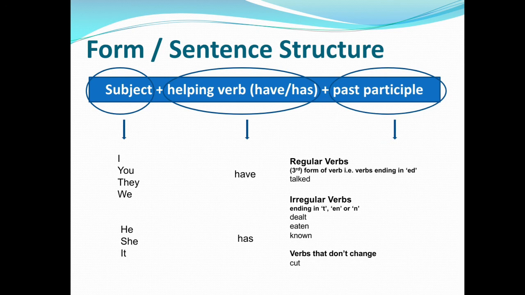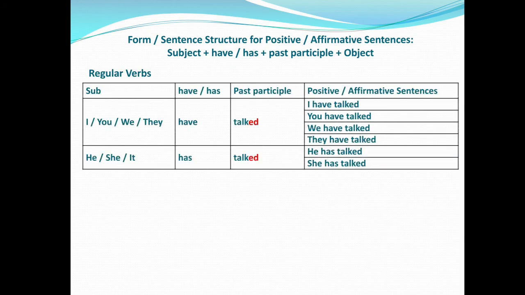And now let's look at forming the sentences. So first of all, we will look at forming positive or affirmative sentences. Subject plus have or has plus past participle plus object. So the chart of regular verbs would look something like this.